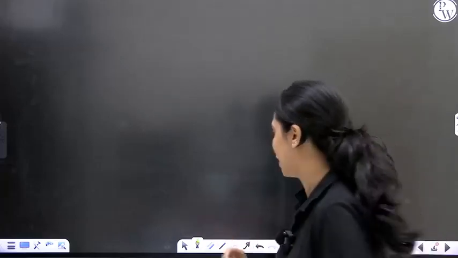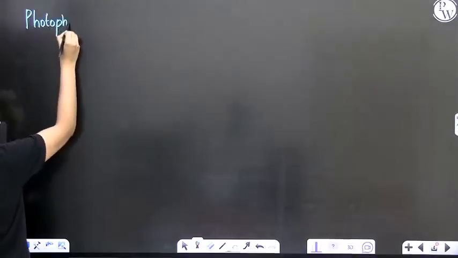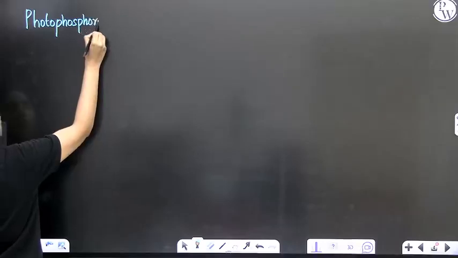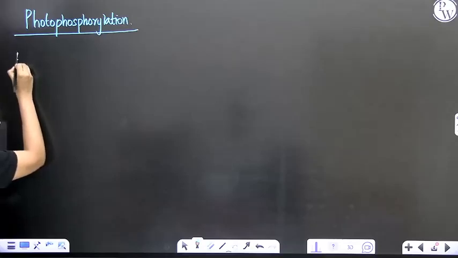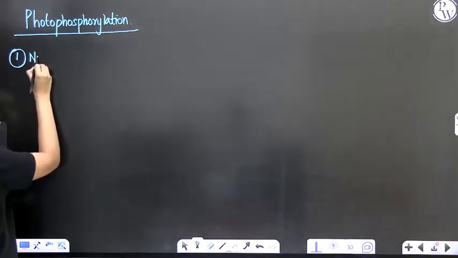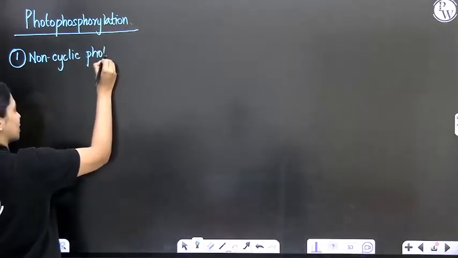Now, let's learn about how exactly light reaction happens. What is the process by which ATP gets synthesized during light reaction? I told you that photophosphorylation is the process by which ATP forms during light reaction. Now this photophosphorylation can happen in 2 ways. The first type is called non-cyclic photophosphorylation.